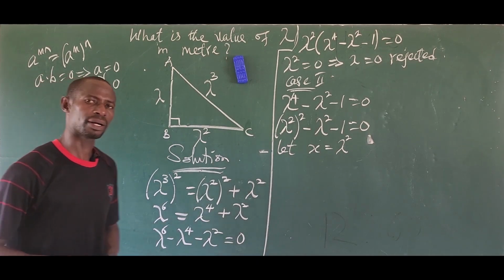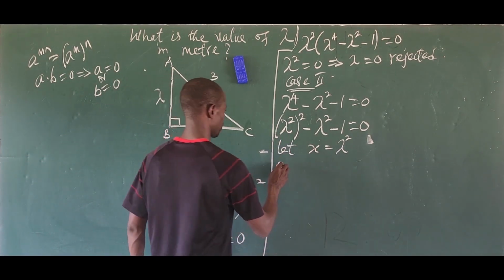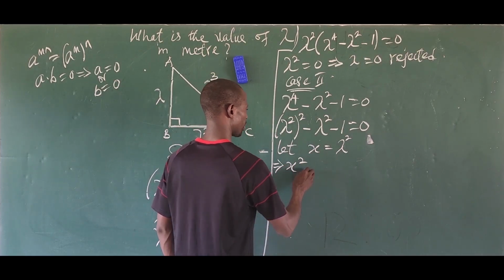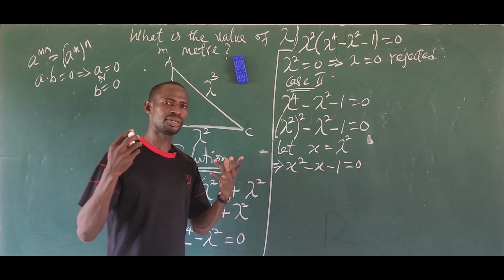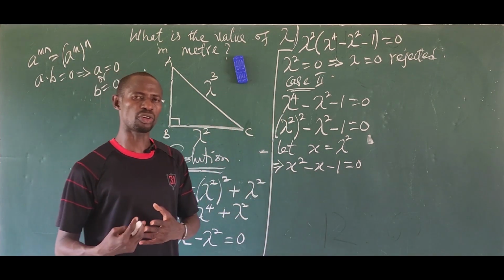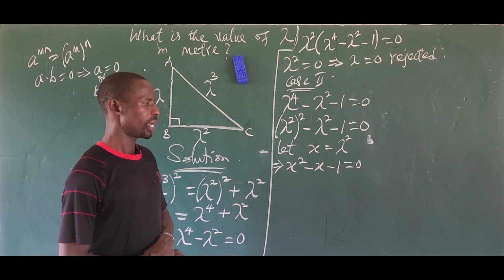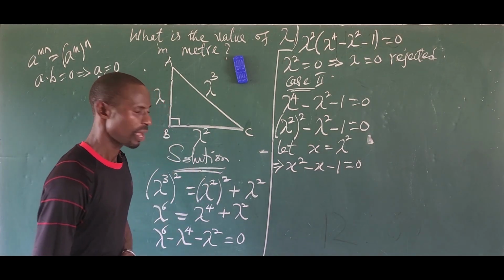So if lambda to the power of 2 is equal to x, what we do here is to substitute. So if we substitute, this now implies that our x to the power of 2 then minus our x minus 1 equal to 0. So we've reduced the fourth degree polynomial equation to a second degree polynomial equation, and this is a quadratic equation. We can solve this using the formula method.